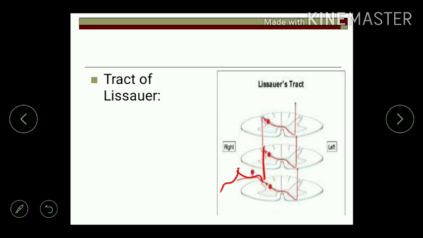Some fibers end on the short interneurons in lamina 2, that is the substantia gelatinosa, which connects them to the nucleus proprius, and this tract which is formed by the first order neurons is known as the tract of Lissauer.